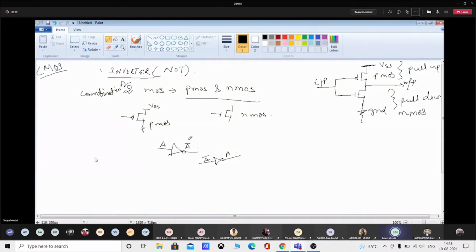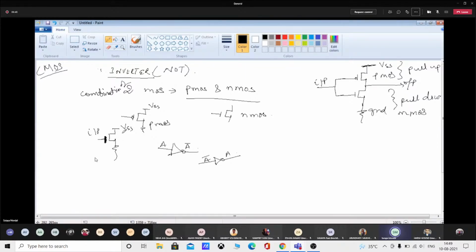In some of the books the denotation of PMOS is like this also. This line will be like this. Okay, instead of a bubble you will make a dip line over here. Okay, so this is also input.